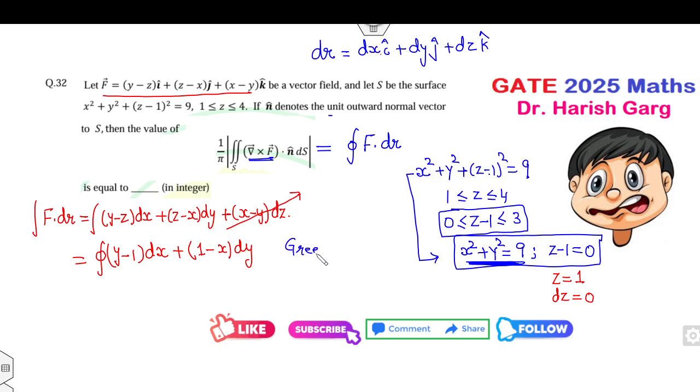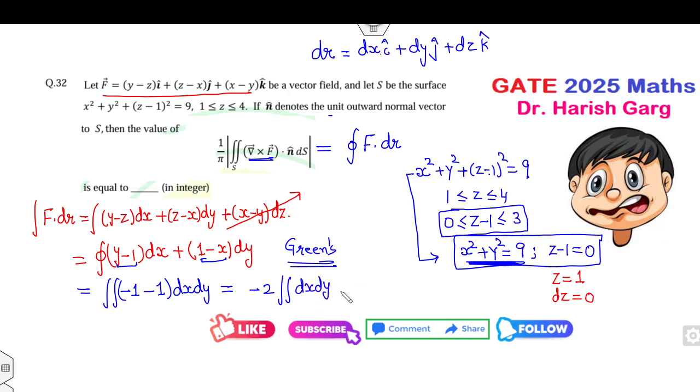Then how can you apply that? You can apply Green's theorem. Because these are continuous functions, you can apply Green's theorem: double integration of the derivative of this part with respect to x minus the derivative with respect to y, into dx dy. So what is the answer? Minus 2 is outside. Double integration of dx into dy.